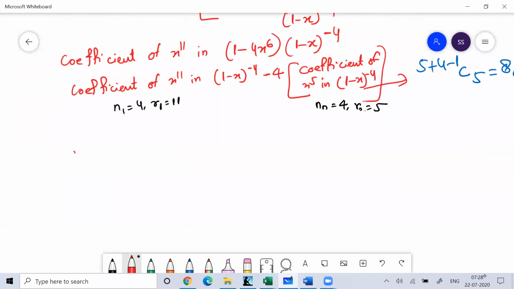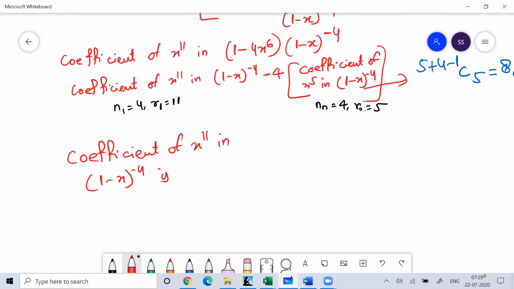So the coefficient of x to the power 11 in 1 minus x to the power minus 4, how much did you get? 364.